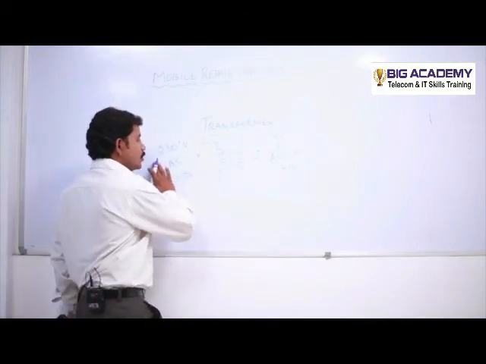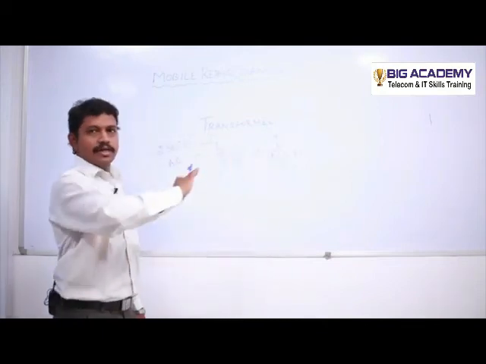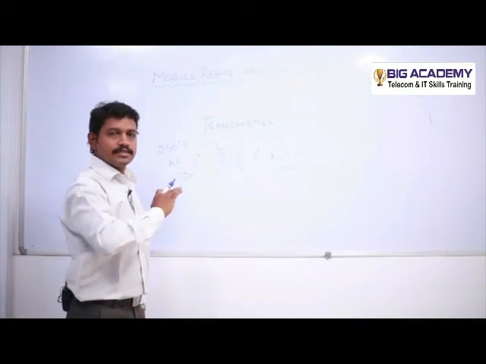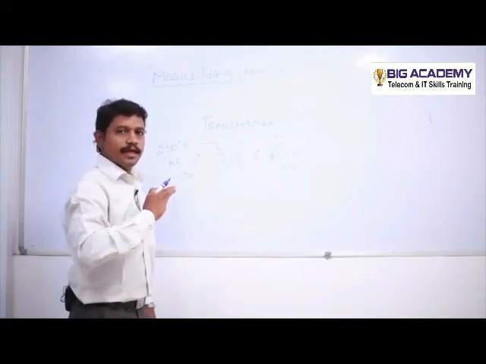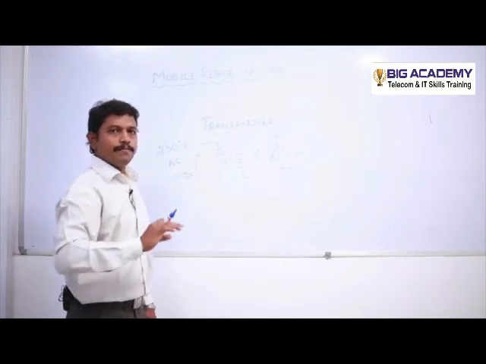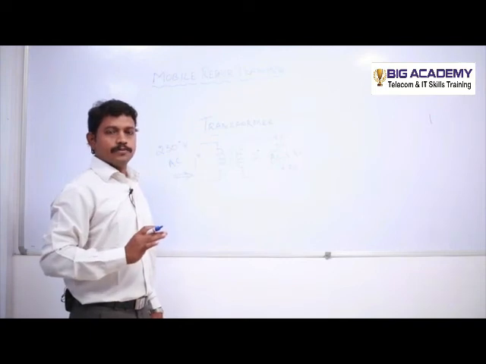So the transformer will transform the energy. It never converts or rectifies the form of energy. It just transforms the energy in the same signal: AC input and AC output.